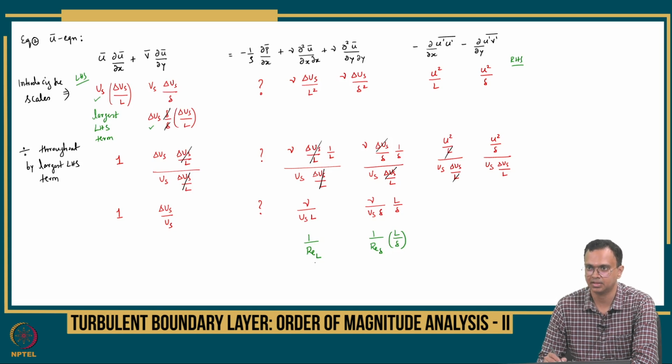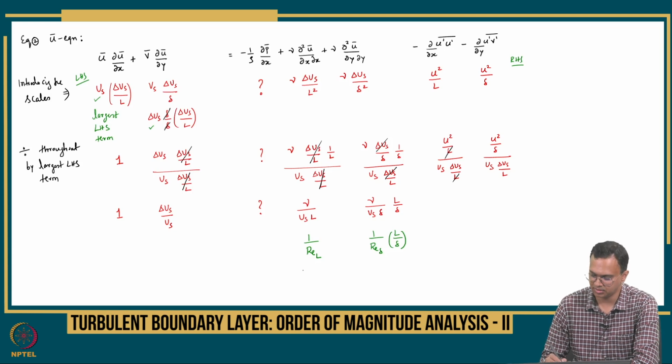Let's say Re_L is 10 raised to 6, 1 million, then 1 by Re_delta, or the Re_delta will be at least 10 to the power 5, right? At least. So this will be a larger term, because L by delta is at least 10, the ratio is at least 10, it can be 100 or more. So this will be the largest viscous term here, but still if Re_L is very large, this term should be negligible. So we will see the other two terms before I come to this.